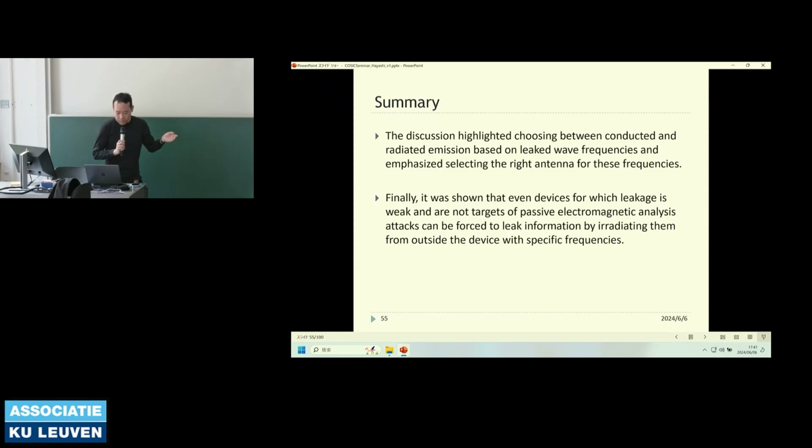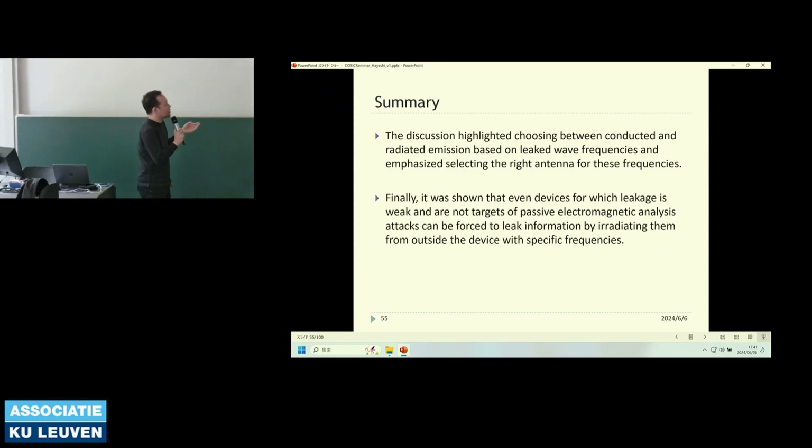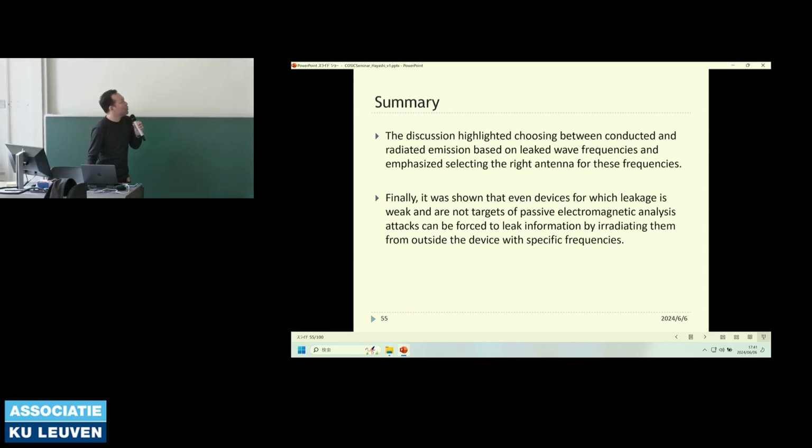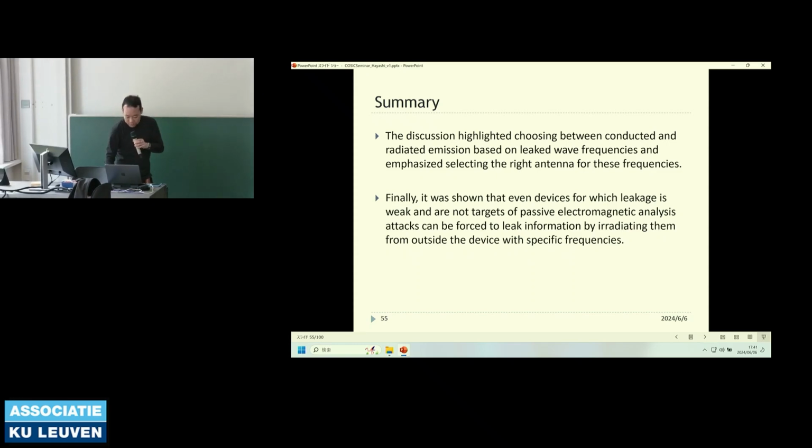And in the last part, I focused on the active EM analysis. In conventional studies, some weak leakage devices are out of scope of the attack. But the active attack can cause leakage from this kind of weak leakage device. I conclude my talk like this.